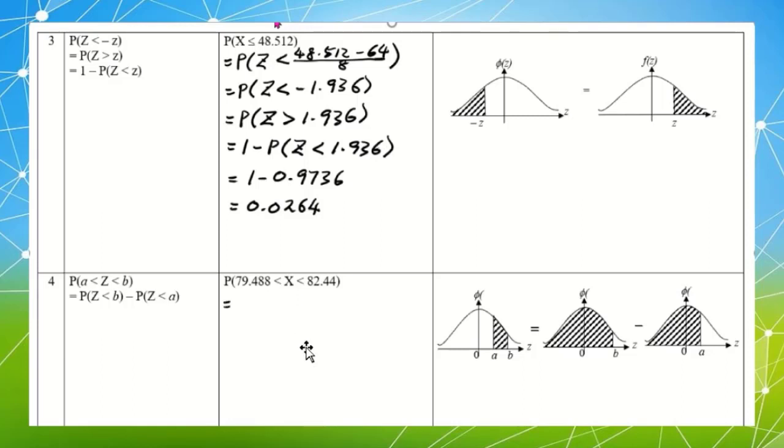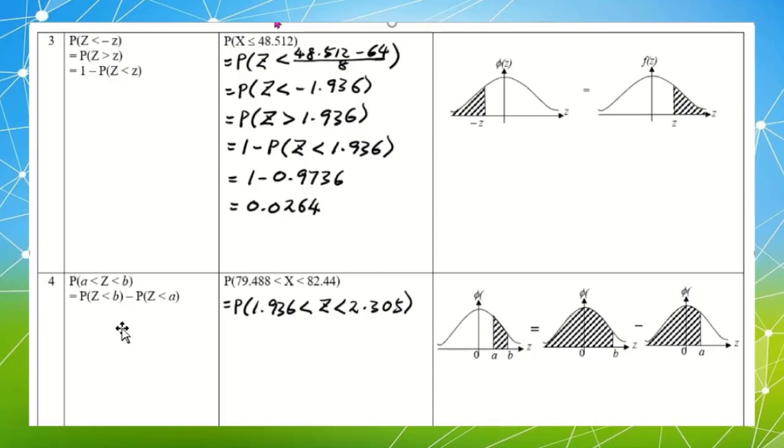So after I calculate, I find that the value is 1.936 and the other value is 2.305.